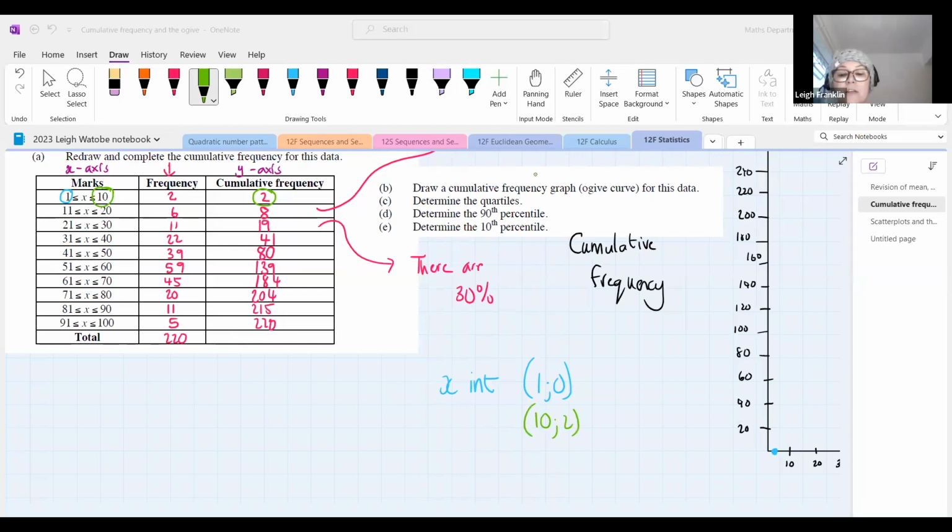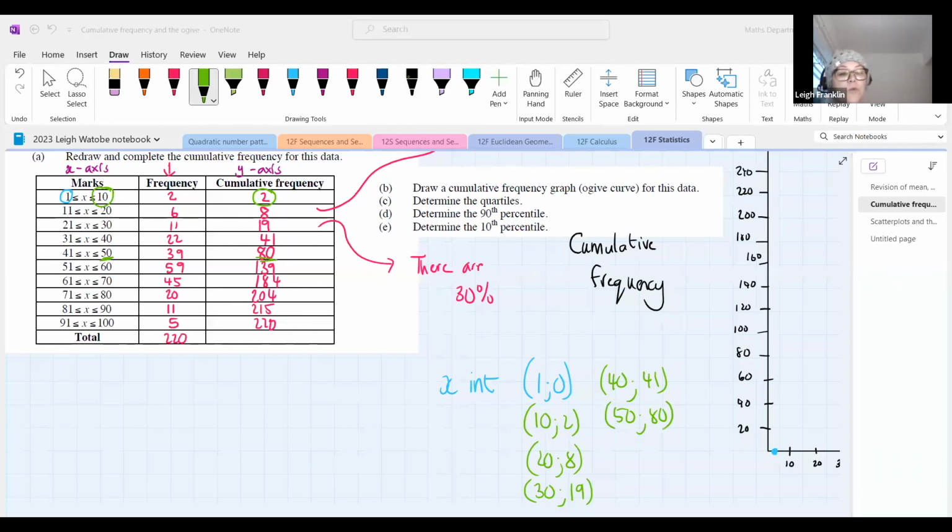And then after that, it would be 20 and 8. Then 30 and 19. Then 40 and 41. 50 and 80. Always your end point of your group against your cumulative frequency.